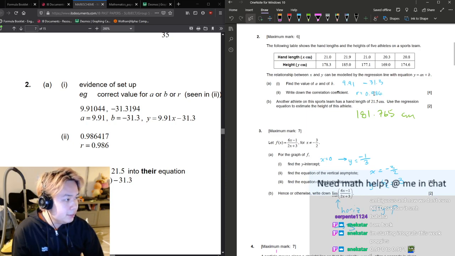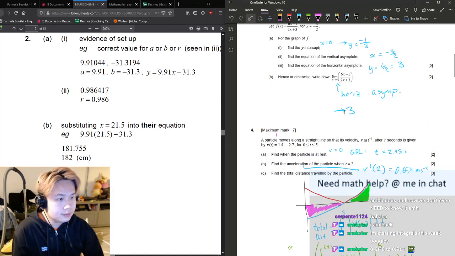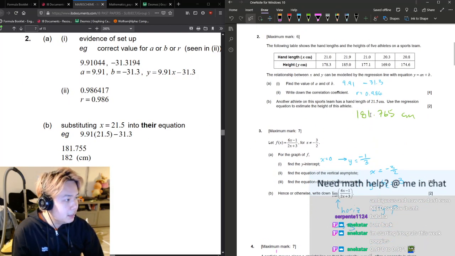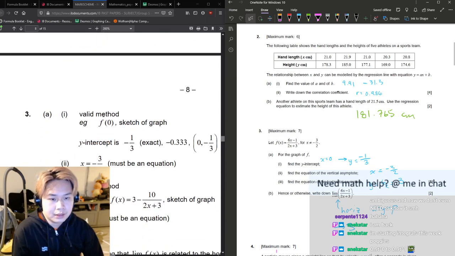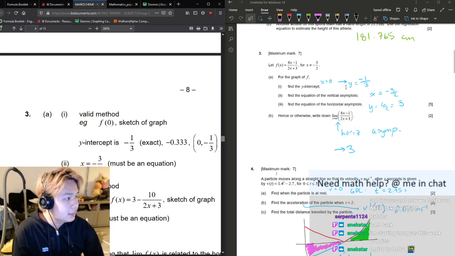My R value, 986, 986. Then 181 centimeters. Same thing. And then you stick with 3 sig figs, so you round it up to 182, sure. Okay, Y-intercept at negative 1/3, negative 1/3.